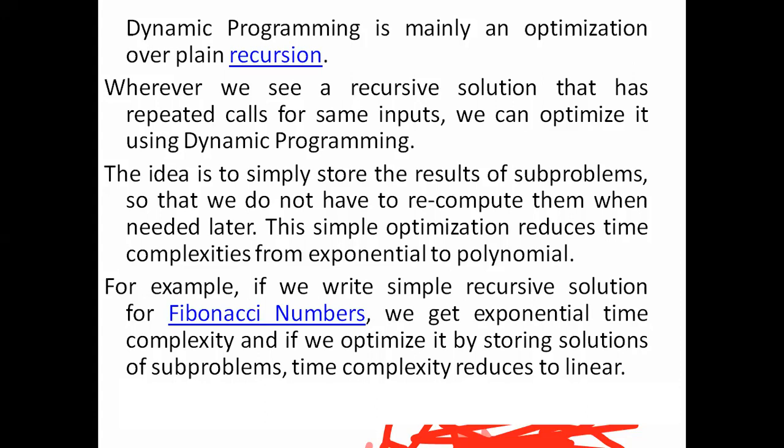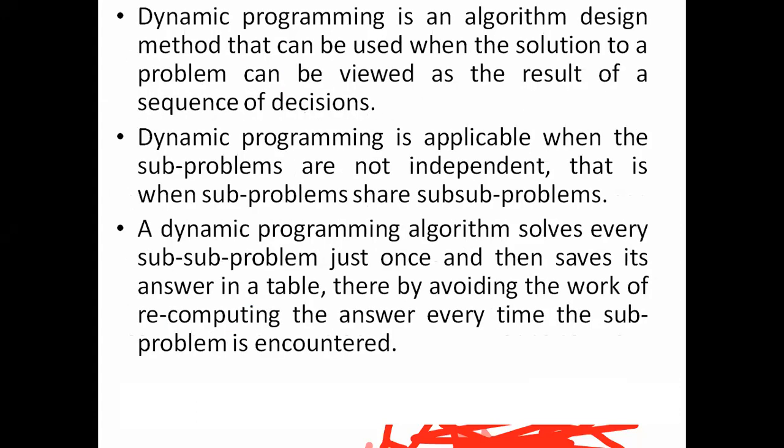The idea is simply to store the result of subproblems in a table so that we do not have to recompute them when needed. This simple optimization reduces time complexity from exponential to polynomial. Finding Fibonacci numbers takes exponential time, but if optimized by storing the solutions of subproblems, the time complexity is reduced to linear.